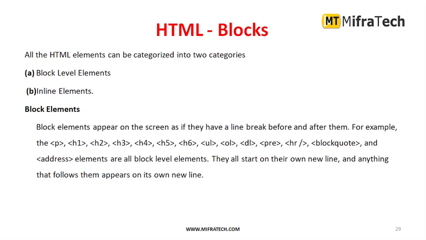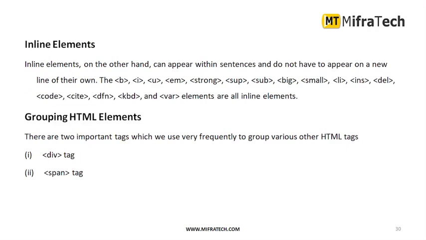In a similar way, for example, the paragraph, headers H1 to H6, ordered or unordered lists, horizontal rules, blockquote, and address elements are block level elements. They all start their own new line, and anything that follows them appears on a new line.